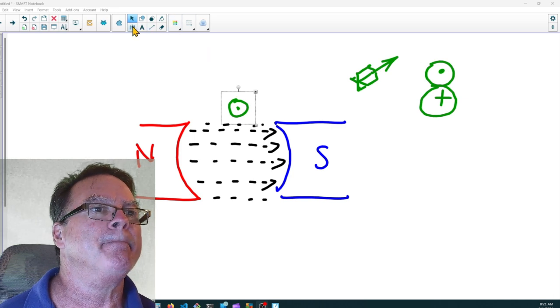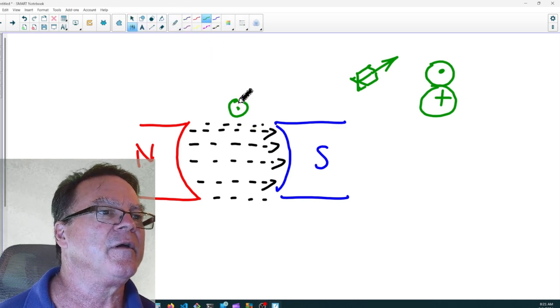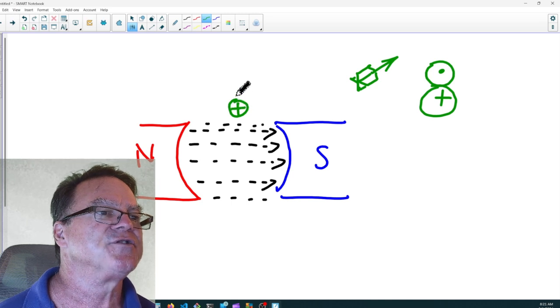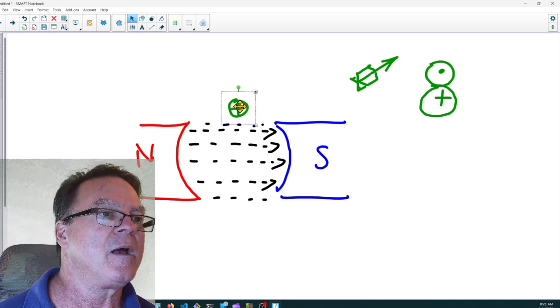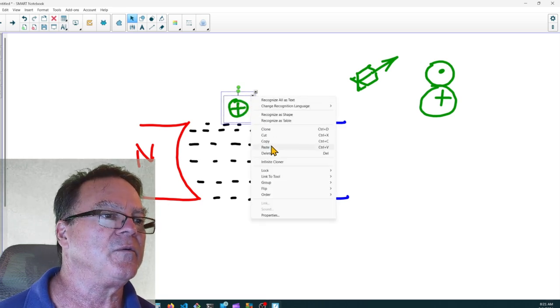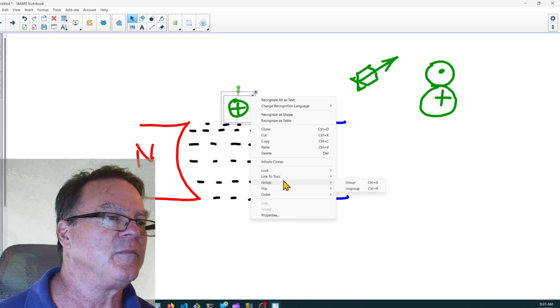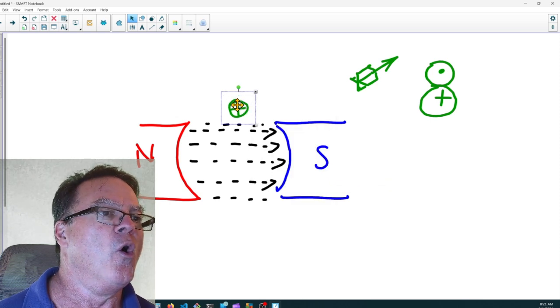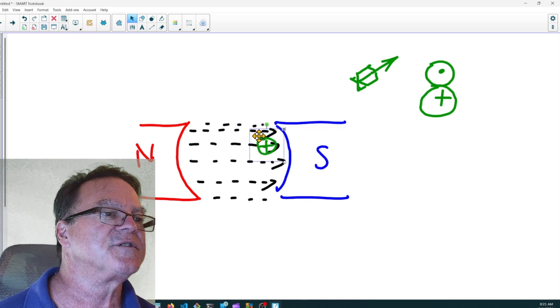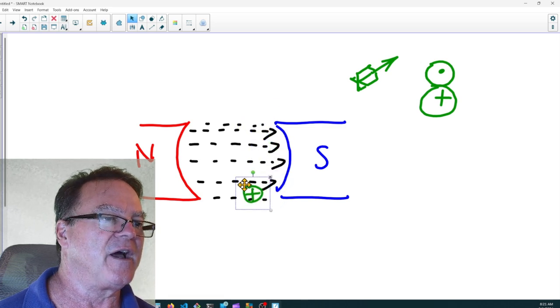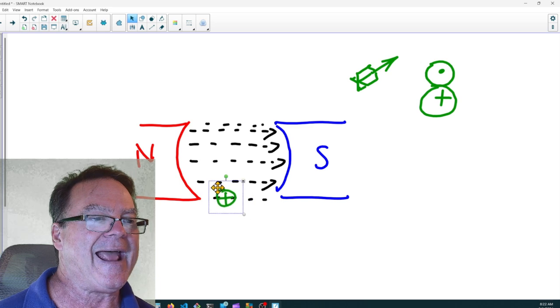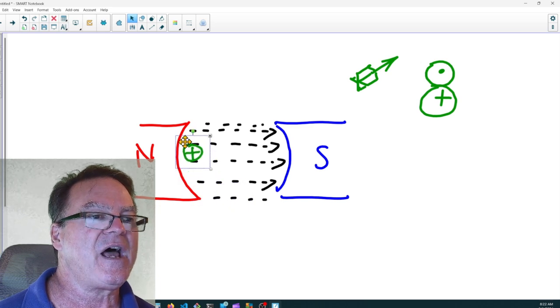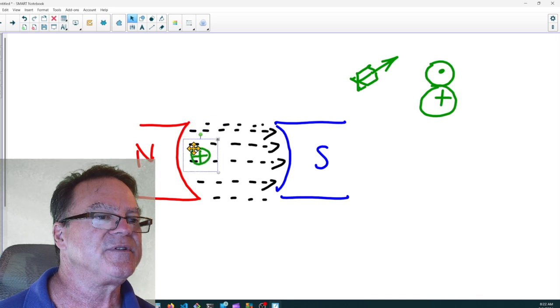So here's my plus crosshairs. While this is going down the right side of the lines of flux, the current is going into the board. And then it gets down to the neutral plane where things switch. And as this conductor comes up the other side, guess what happens?